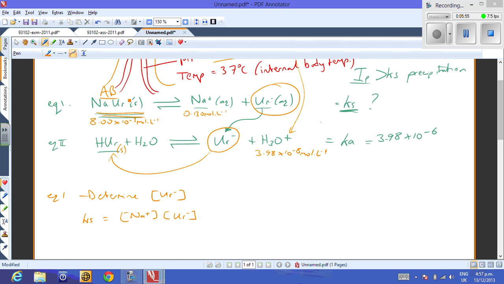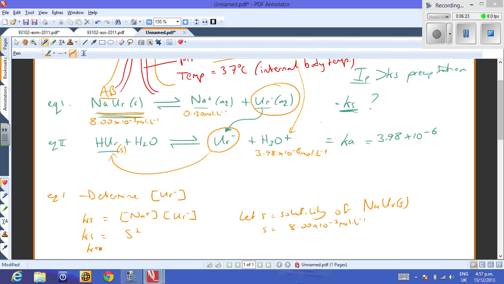So the Ks expression can also be said as Ks is equal to S squared, where S equals the solubility of the solid, in this case sodium urate, at 37 degrees Celsius. So S is therefore equal to our 8.00 by 10 to the minus 3 moles per liter, which we just wrote over it in the equation.